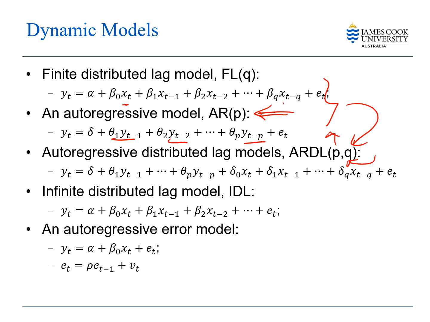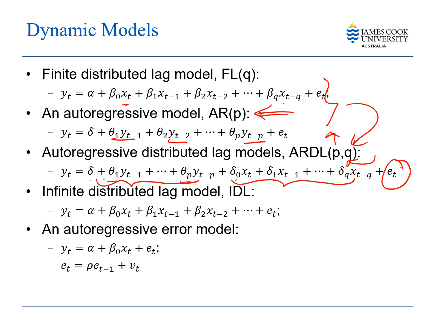So we have y_t is delta plus theta 1 y_{t-1} until theta p y_{t-p}, that's the autoregressive component, plus theta 0 x_t plus delta 1 times x_{t-1}, and so forth, until delta q times x_{t-q}. So this is the distributed lag component, and this is the error term.